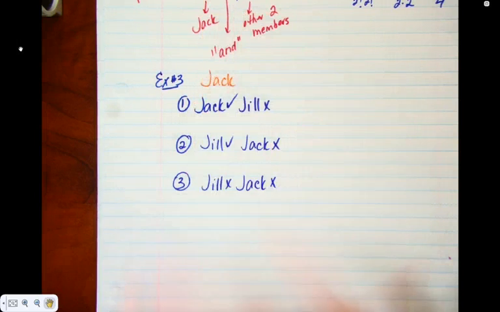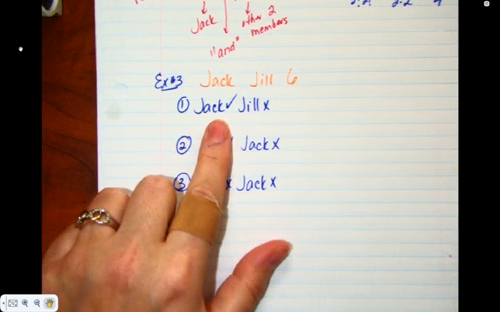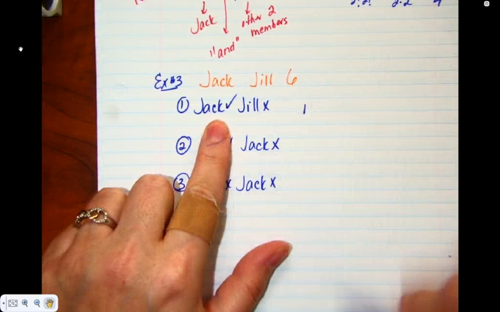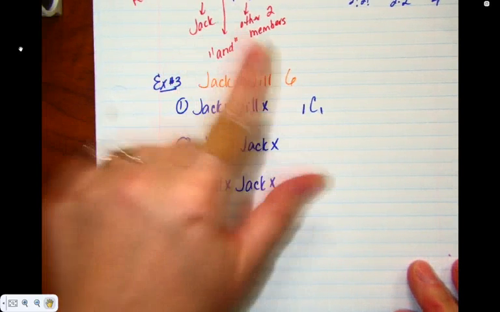Just going back to the question, we have Jack, we have Jill. How many other people do we have? 6. So I'm just going to make a note. We have Jack, we have Jill, we have 6 other people. If I need to pick Jack, there is 1 Jack, and how many of him do I need? 1. So I've already picked Jack. I can't pick Jill.